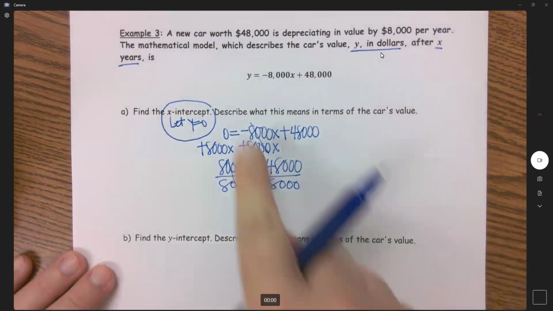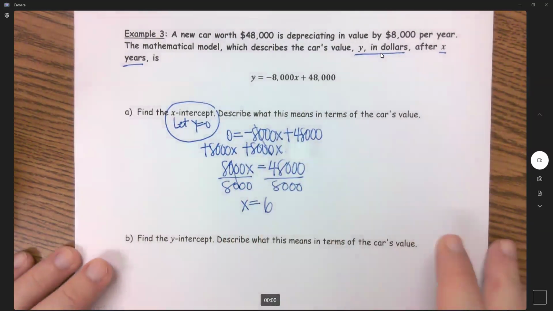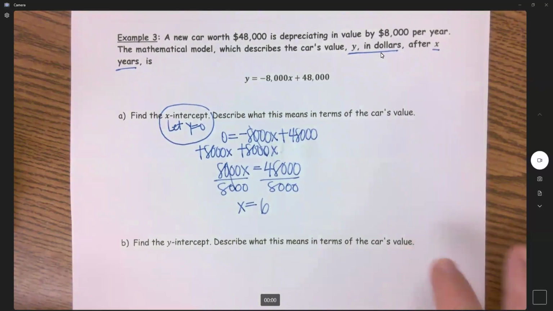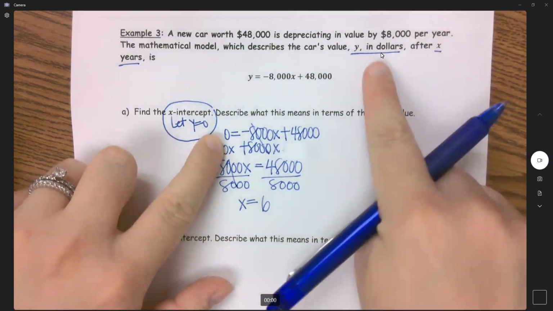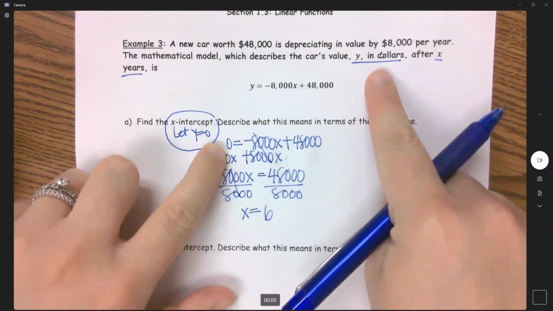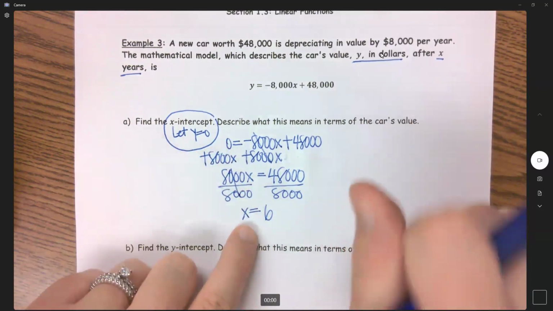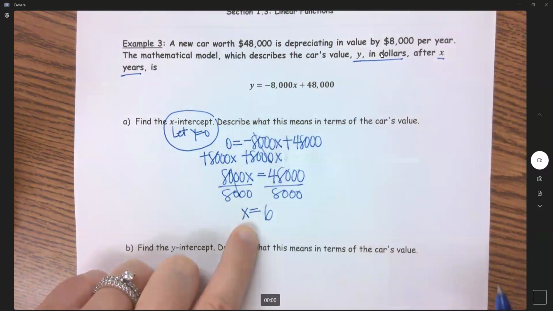So it goes on to say, describe what this means in terms of the car's value. So we plugged in a 0 for y. Y was representing dollars, so $0. And then we found x to be 6, and x equals the number of years.